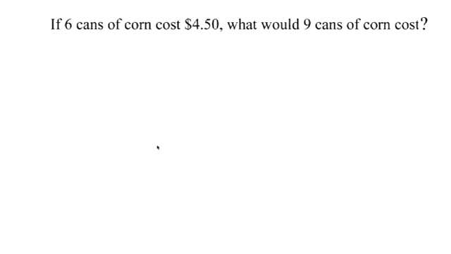Okay, the next question: if 6 cans of corn cost $4.50, what would 9 cans of corn cost? Again, however we decide to set it up on the left will determine our right-hand side.